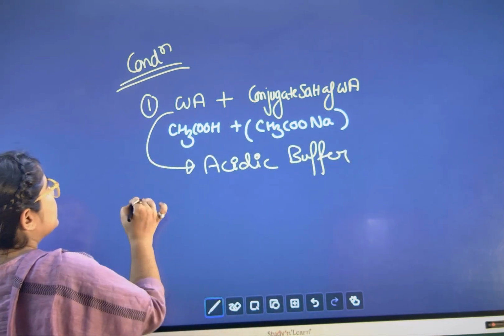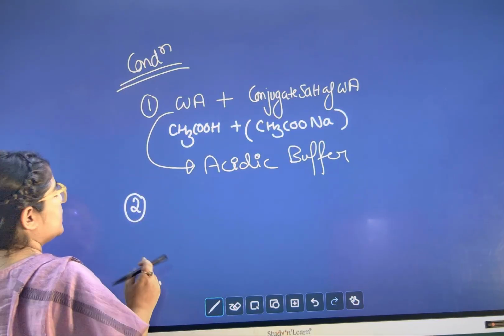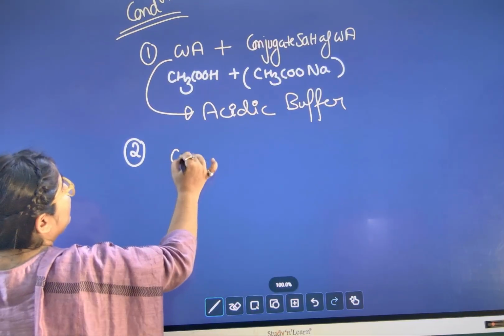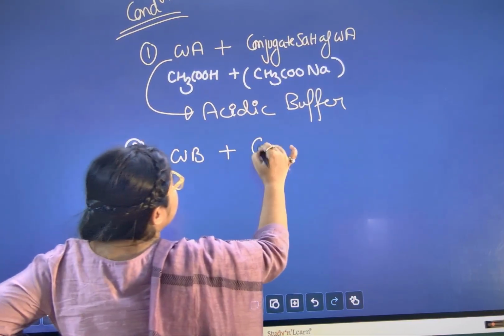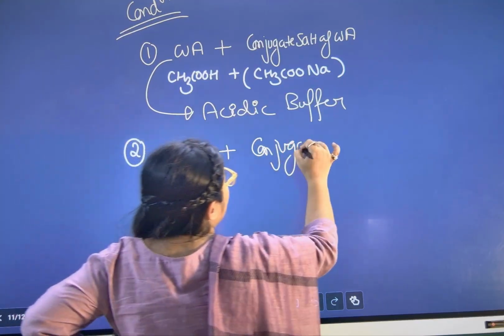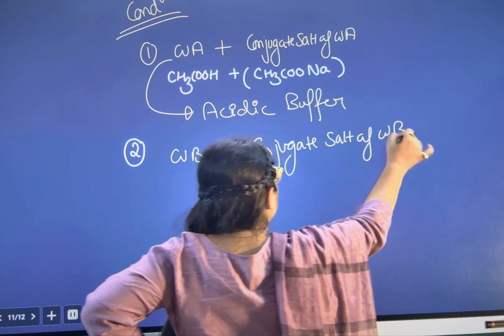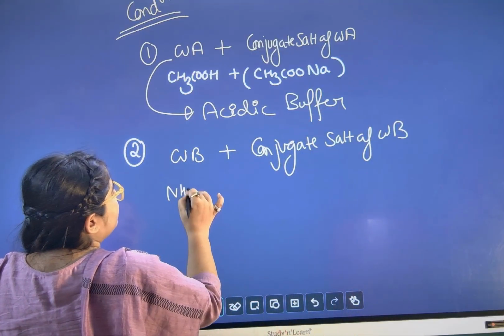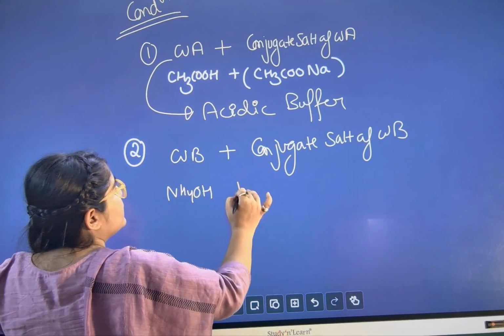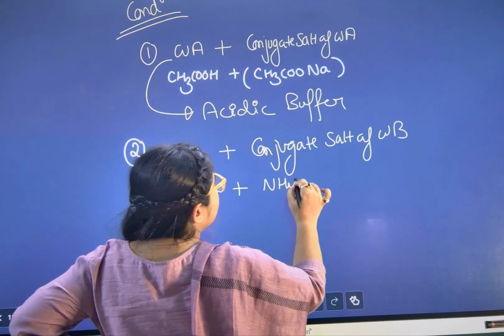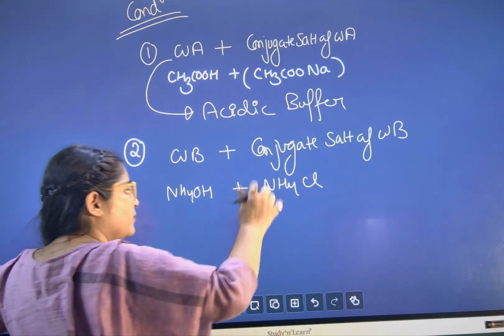Now let us see case 2, the second composition. What will be the second composition? Weak base plus conjugate salt of the weak base. So for the weak base I can take NH4OH and make a salt of it, so I can say NH4Cl. Cl has come from HCl.